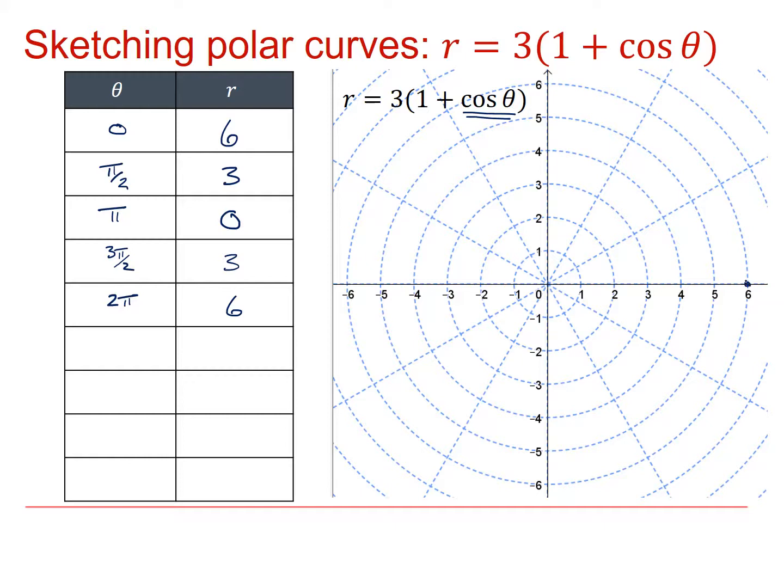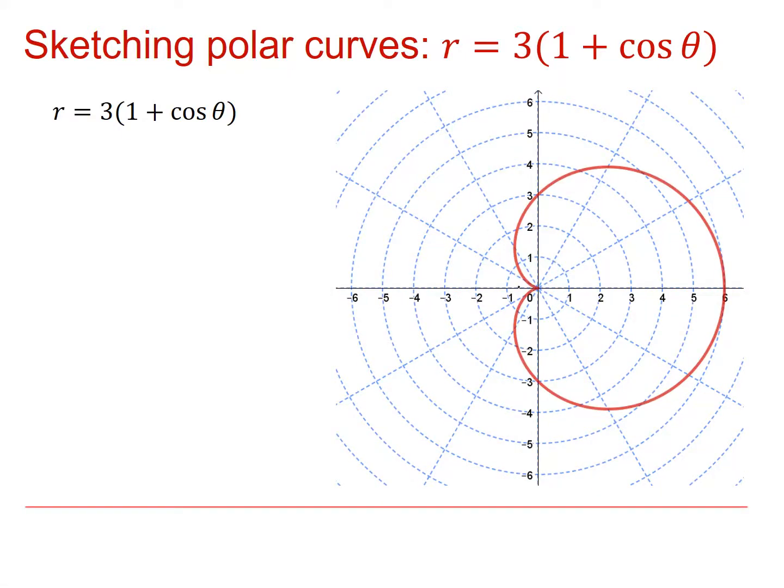So it's going to start here, sweep round to here, and then sweep into here, and then back out to here, and back out to here. So let's just draw that in. It's going to sweep around to here and into the center, and then the other half of this curve is going to be the mirror image, and we get this funny sort of heart shape.